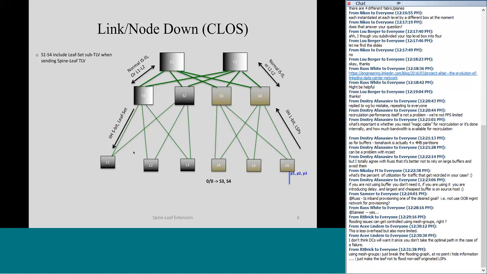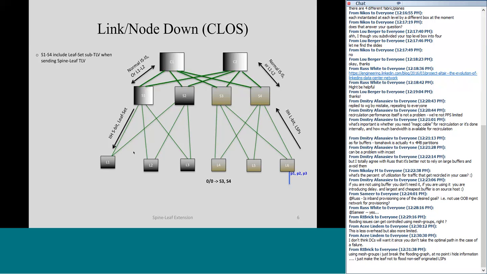In this example, let's say we have some prefixes connected to L6. They can be the loopback of L6, P1, P2, and P3. And we have a switch that wants to go there, and the switch L4, for example, only connects to the spine nodes S3 and S4.